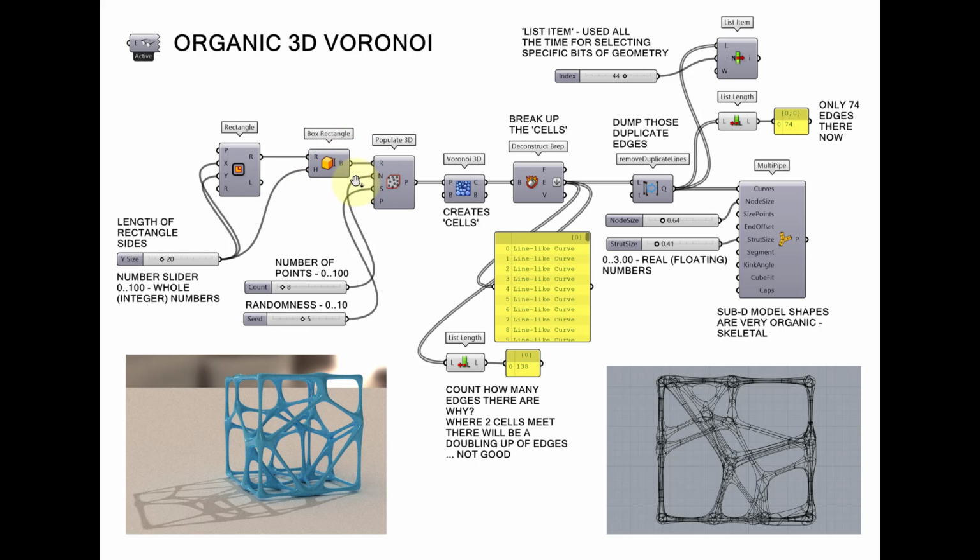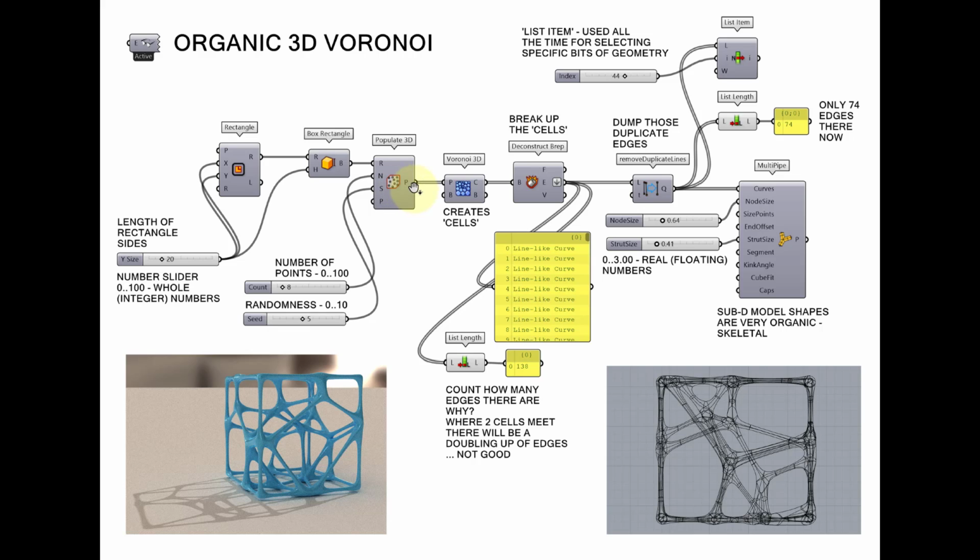So at this point we do have a model, we have a cube. This component then scatters points inside that cube in a random fashion. We can choose the number of points, and we can set a seed value which changes the randomness. It's called a pseudo-random number, really.